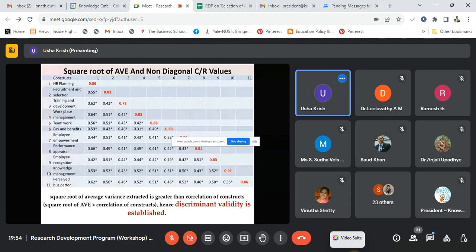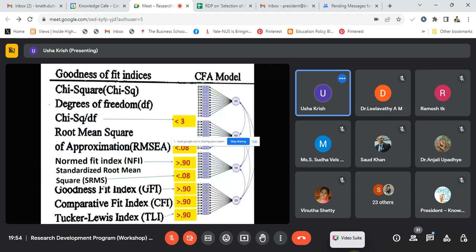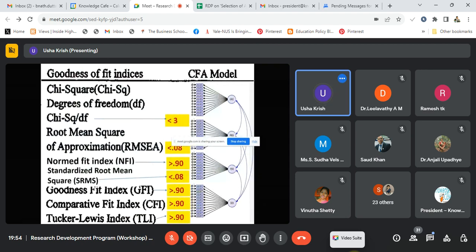Then the third table is related to goodness of fit index. Here we have to show fitness index with specified criteria.